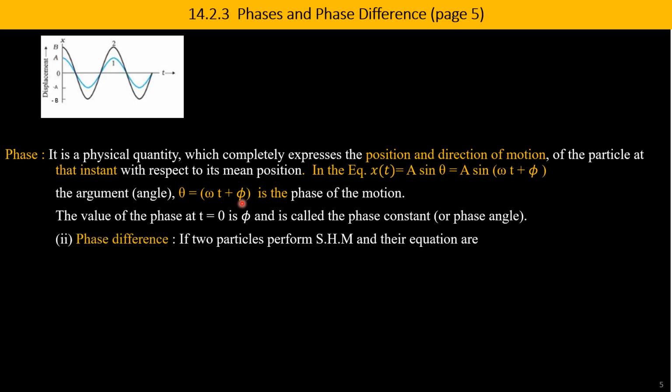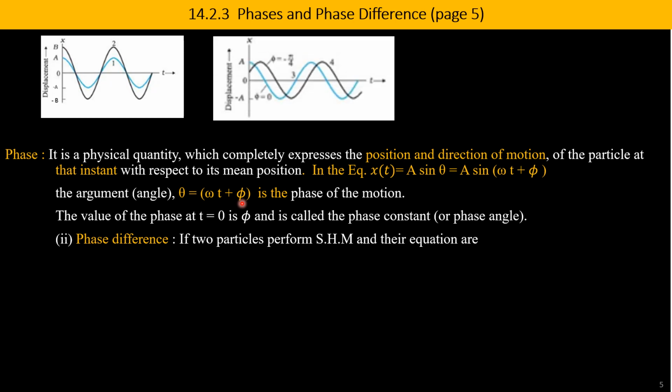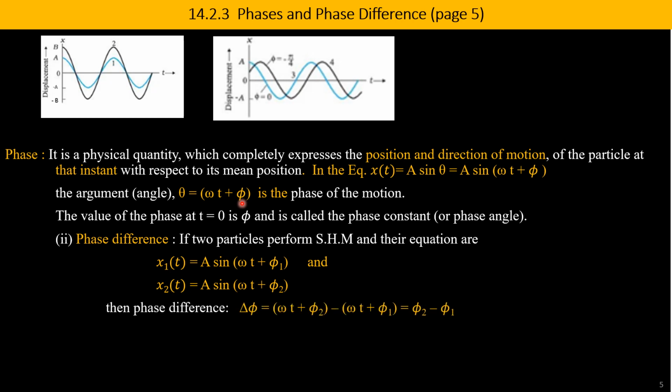Phase difference. If two particles perform simple harmonic motion and their equations are represented by x1 of t equal to A sin omega t plus phi 1 and x2 of t equal to A sin omega t plus phi 2, then delta phi, that is the phase difference, equals omega t plus phi 2 minus omega t plus phi 1.